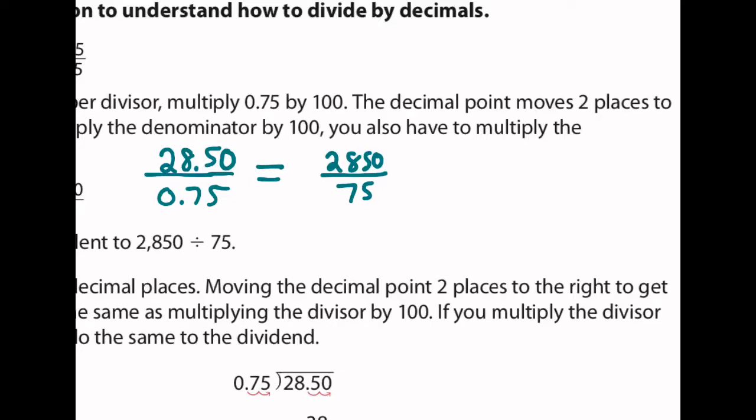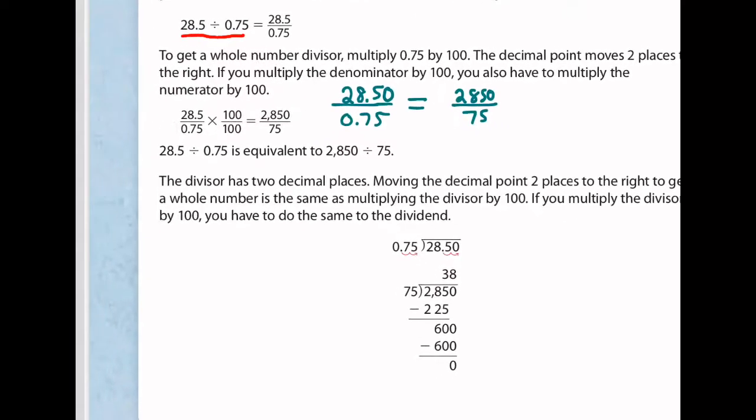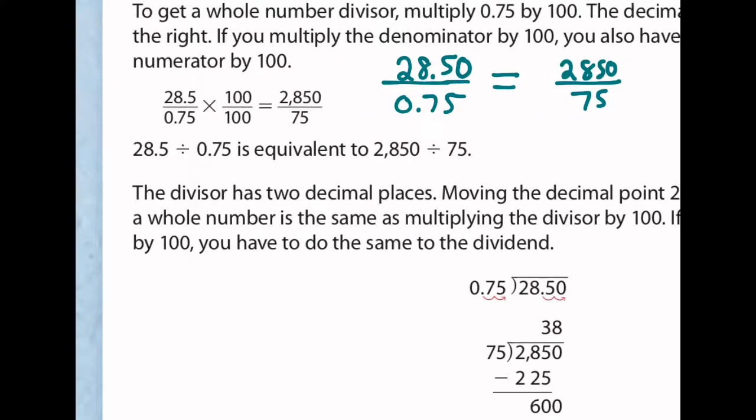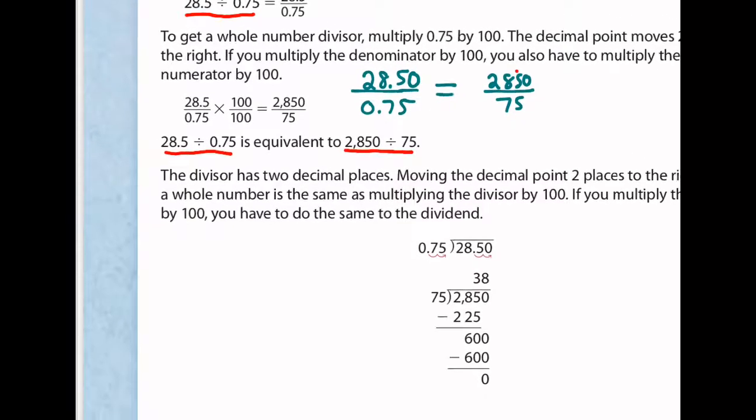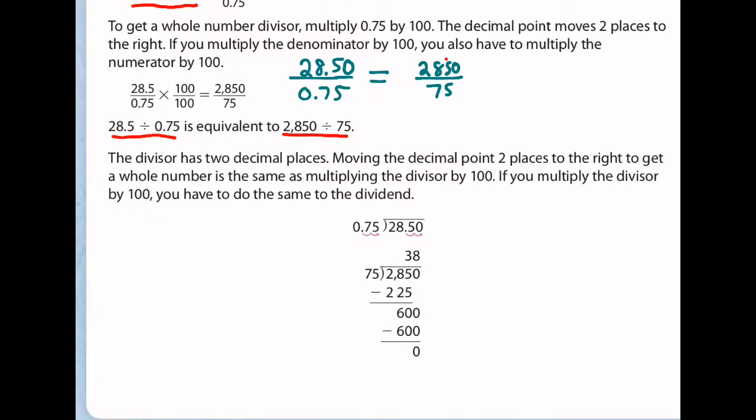Okay? If they're equivalent, they're the same. All right, now that also means, if we look here, this division problem, 28.5 divided by 0.75 is equivalent to 2,850 divided by 75. So in other words, we'll get the same answer. Now, let's go down here and we're going to show you how you would just do that, because you're not going to write it as a fraction to do this when you're really doing these problems.